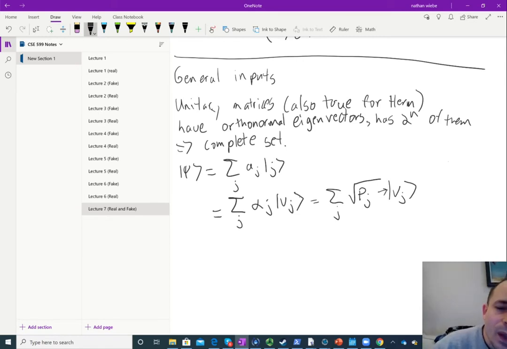So now we've got this particular state. The question is, what happens to it when we do iterative phase estimation?